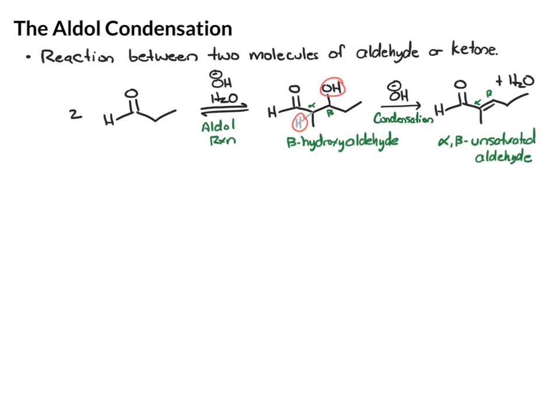So the easiest way to see exactly what's going on here is to look at the mechanism. And there's a few steps involved, and we'll break these down. So the first step is to make the enolate.